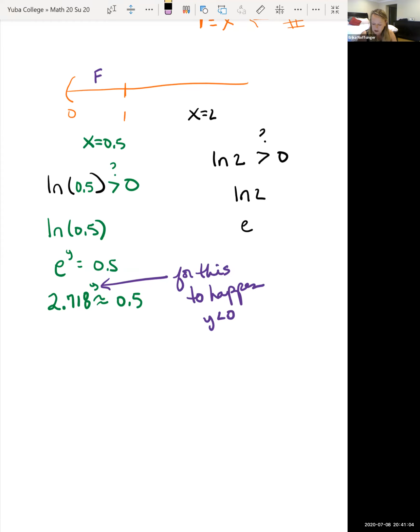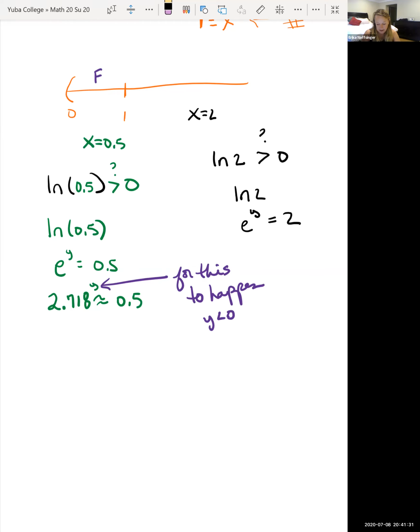This is saying e to what power is equal to 2? If it's a negative number, it's going to make it smaller.